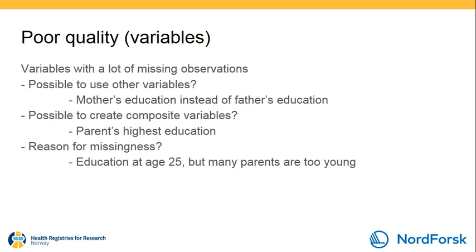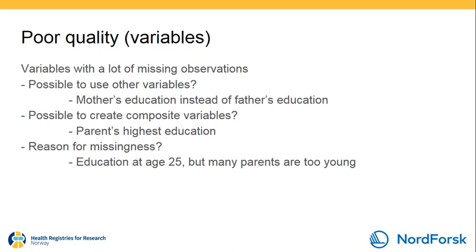So maybe we really want to use father's education that has 15% missing, and mother's education only has 1% missing. So maybe we should just say, okay, well, mother's education it is then.